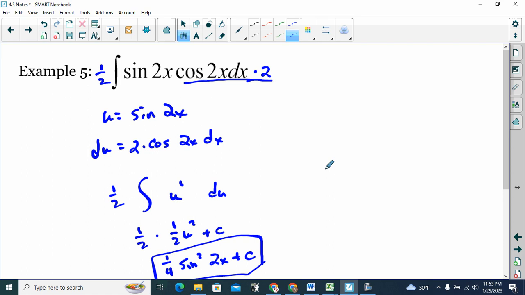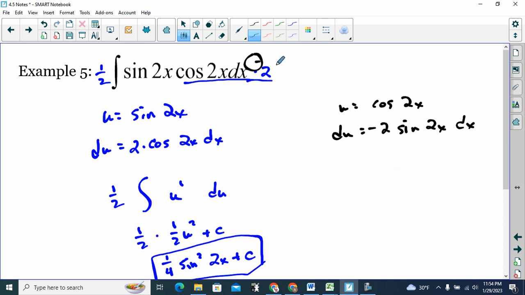And we are there. Notice if you had tried this differently, if you had made u equal to cosine 2x, this would work as well. We would get derivative of cosine is negative sine, so I'd have to multiply by -2, -1/2.